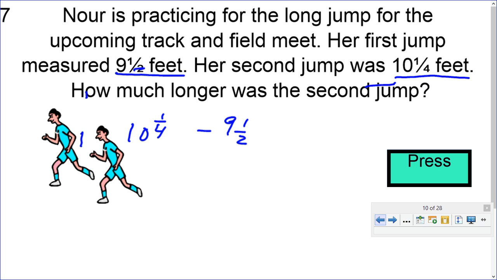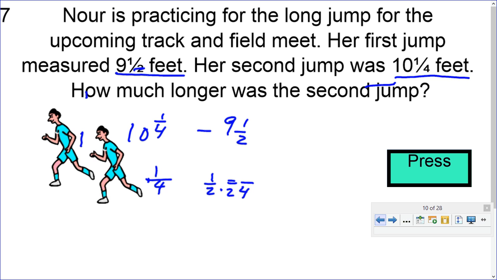We need to get a common denominator for these fractions. So we got 1/4 and we got 1/2. We got to change them to a common denominator, and that would be fourths, because if we look for the LCD, it would be 4. So the lowest common denominator would be 4.